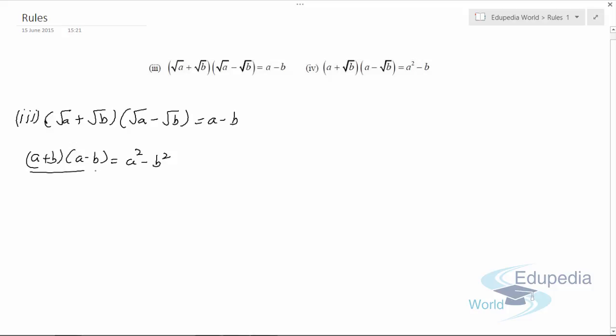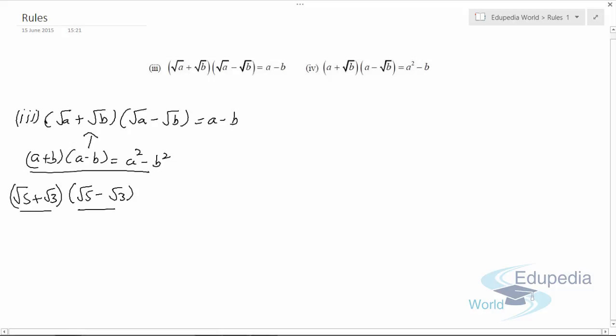So we can apply the same identity to this rule. So let's see an example. Suppose we have under root of 5 plus under root of 3 into under root of 5 minus under root of 3. So we have to solve this question.